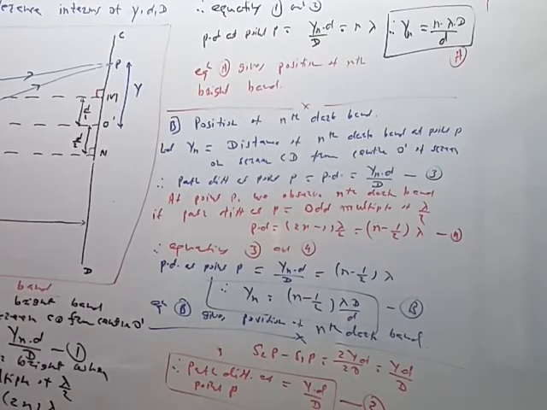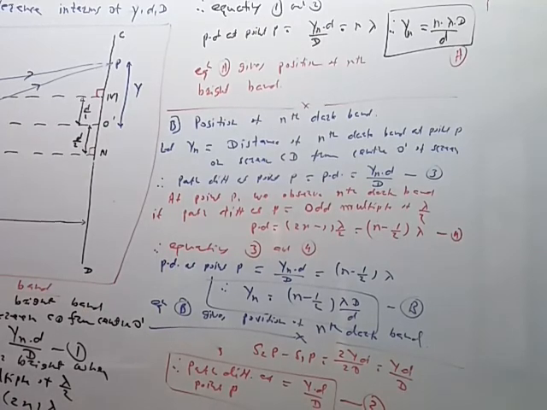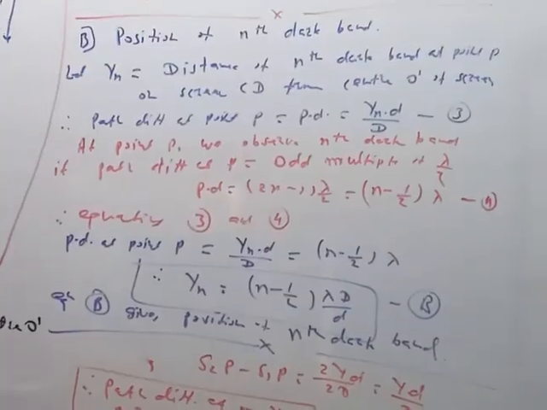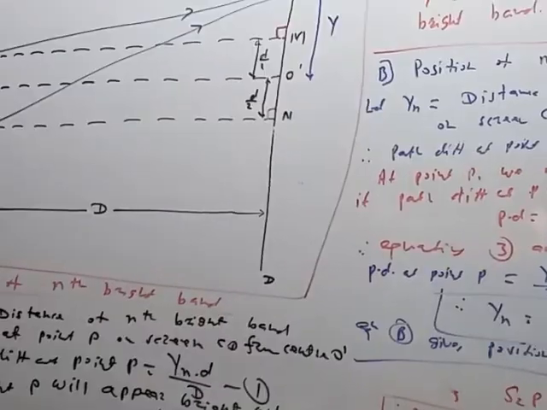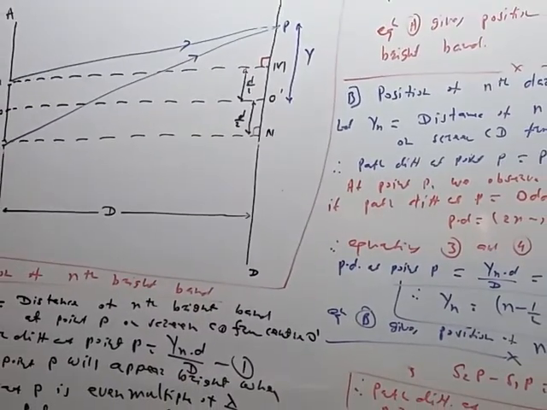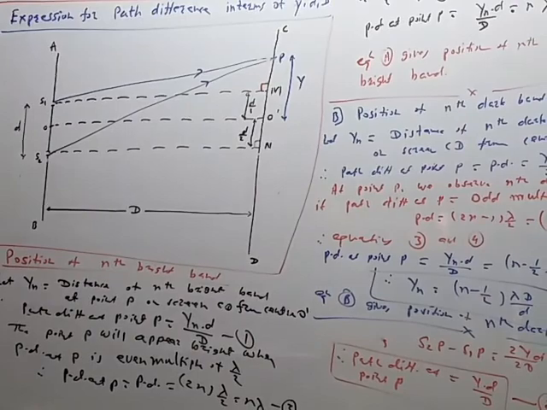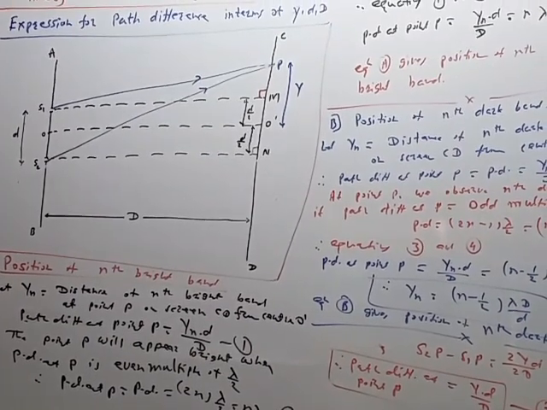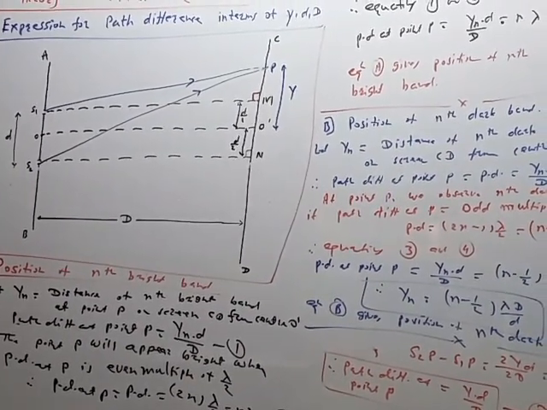That is decided by equations A and B. But for that purpose we should know the wavelength of the light used, the small d distance between the two coherent sources, and capital D, the distance between the plane of the two coherent sources and the screen of observation. So in this way we can find the position of the nth bright band and nth dark band if the distances are known.